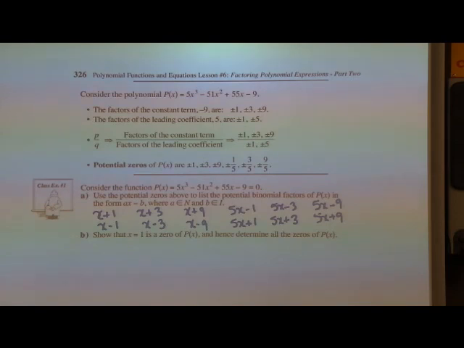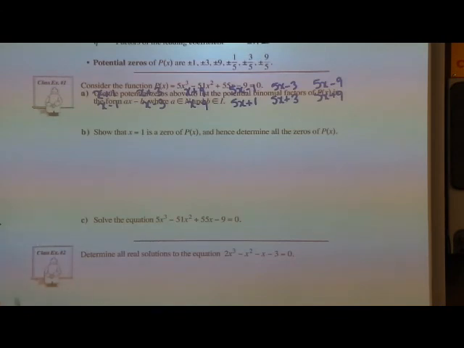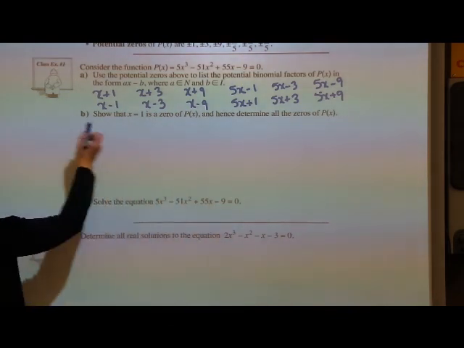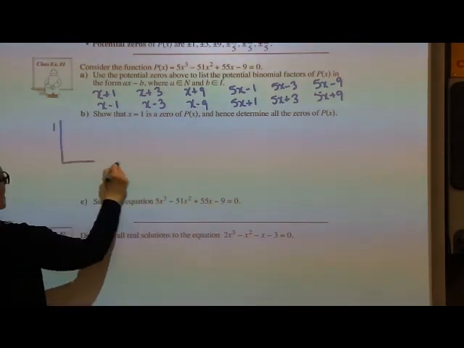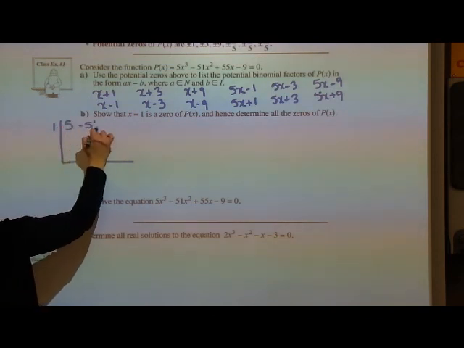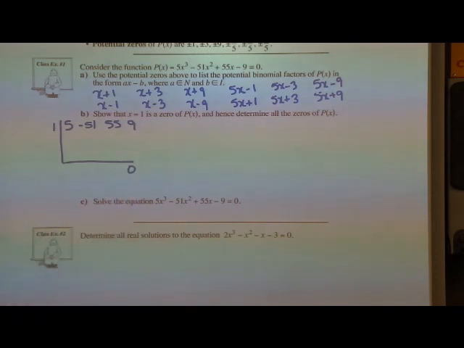That's how I show that it's a factor. So 1 goes to the outside, and then I have 5, negative 51, 55, and negative 9. And if I do this correctly, I should get 0 for my remainder.